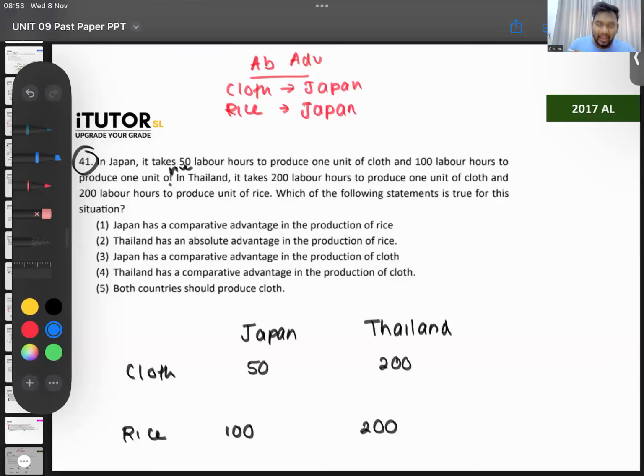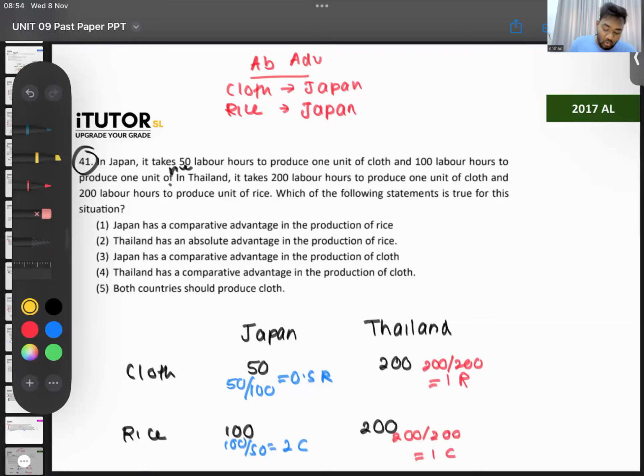For Japan, the opportunity cost of cloth is 50 divided by 100, which is 0.5 units of rice. For rice, 100 divided by 50 gives 2 units of cloth. In Thailand, it is 200 divided by 200, 1 unit of rice, and also 200 divided by 200, 1 unit of cloth.